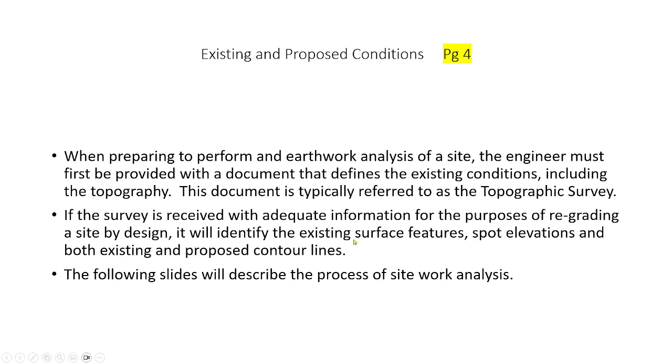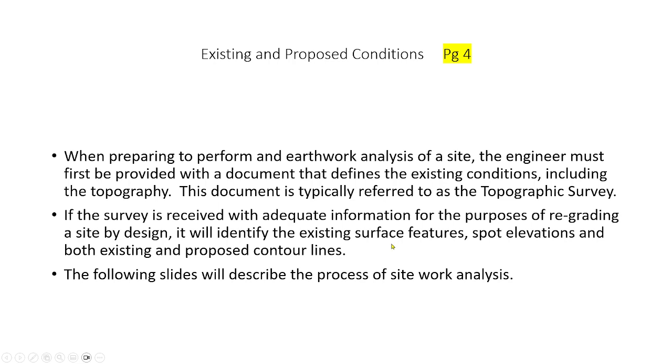So it will identify the existing surface features. It will have contour lines, some spot elevations, and both existing and proposed contour lines most of the time. Sometimes they just don't need them both. And we won't see that today, because we're talking about proposing existing grades all through this PowerPoint.